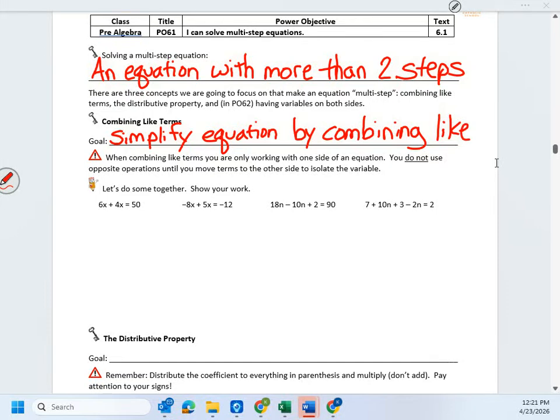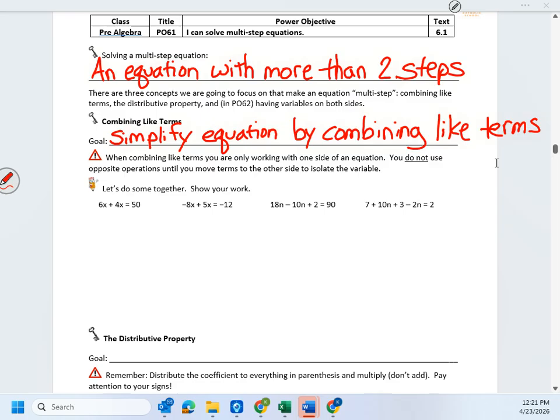Just like when we simplify fractions, that final step, we have to simplify it. Same thing with equations. You have to simplify, combine those like terms. You can't have 12n plus 2n. You can't leave it like that. You have to combine all the like terms that you can.